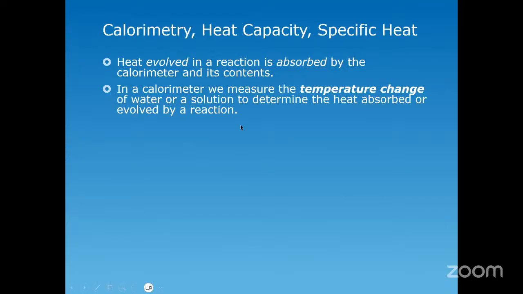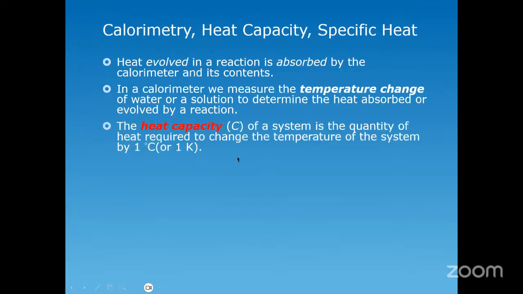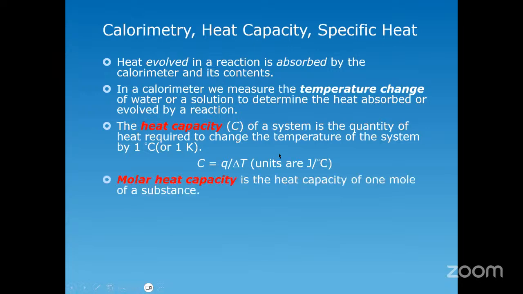And that is given by the simple equation, Q of the calorimeter is equal to minus Q of the reaction, all right? The reason why we have the minus sign there is because if heat is generated by the reaction, then that heat change will be negative from the reaction standpoint, but from the calorimeter standpoint, heat is being absorbed, right? So therefore, that's why we have a negative sign here, right?